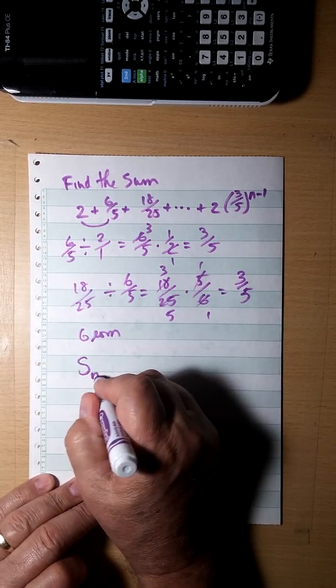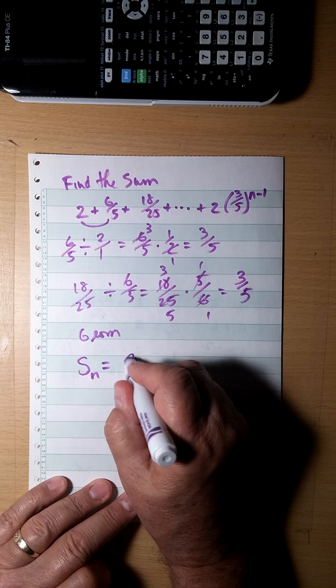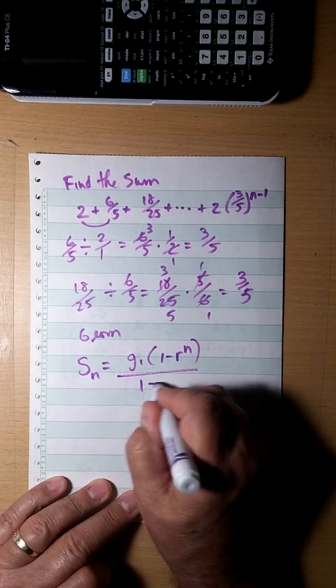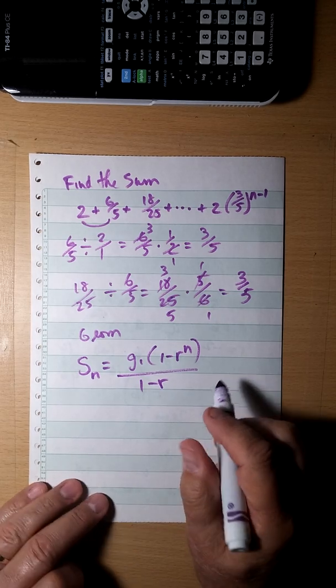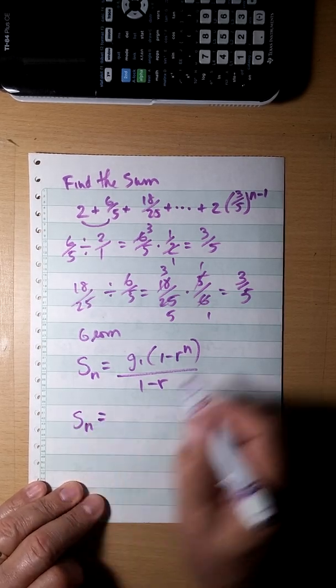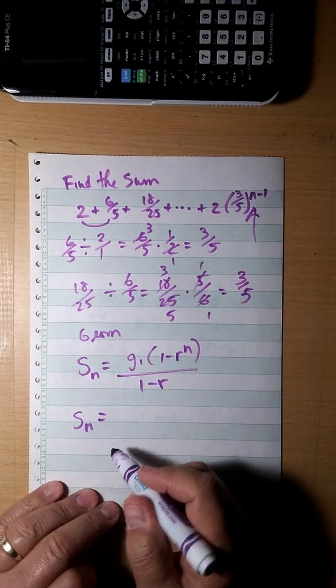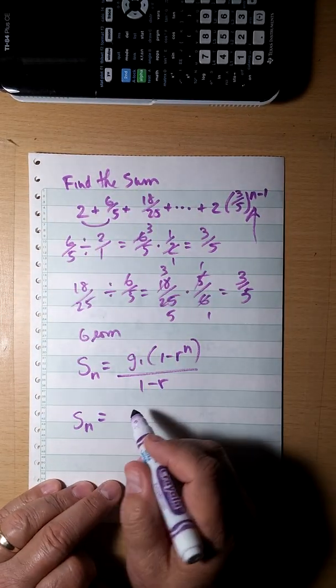Now, our nth partial sum for geometric is g sub 1 times 1 minus r to the n over 1 minus r. So this will give us, because they do this in terms of n, we'll just have a formula for this particular one with some of these filled in.